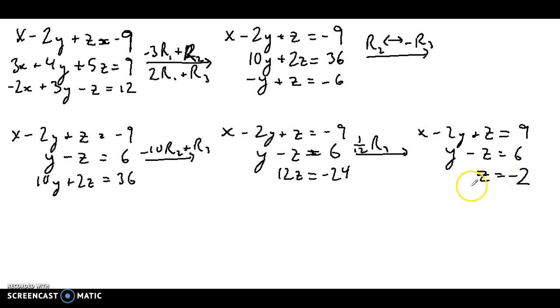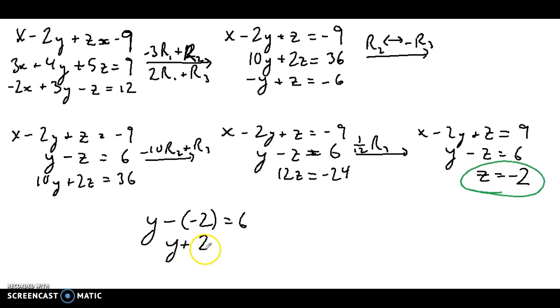So that tells us z is negative 2. So what can we do with that? Well, right here we have just y and z related. So we're going to take that and plug it back in. So we know y minus negative 2 is equal to 6. But minus a negative 2 is the same thing as plus 2. So y plus 2 equals 6. Which means y equals 4.